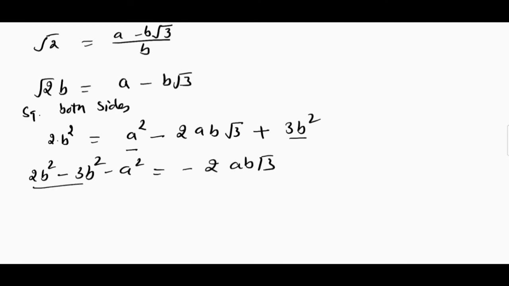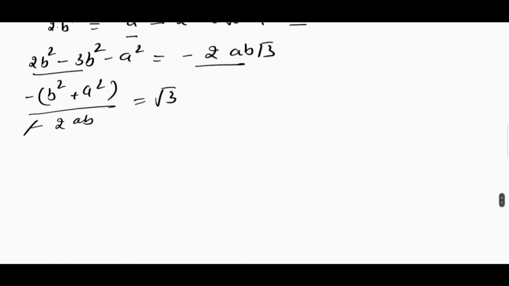So this will become b square plus a square, equal to 2ab square root of 3. This and this, they will get cancelled. It means square root of 3 is equal to b square plus a square divided by 2ab.